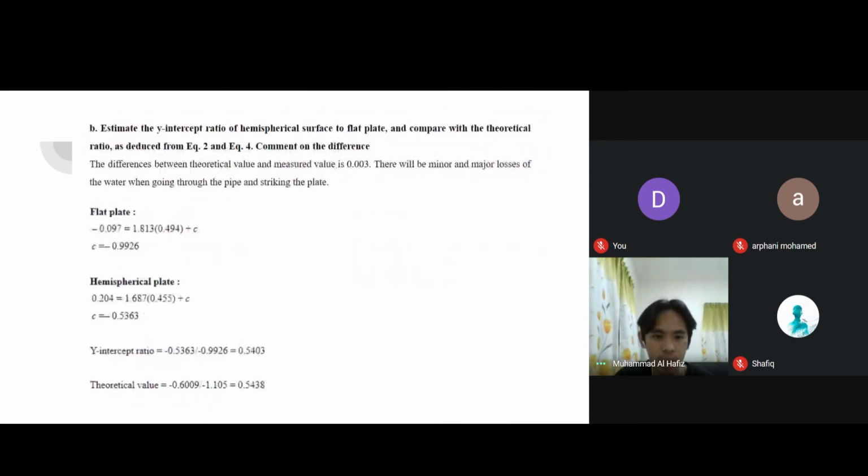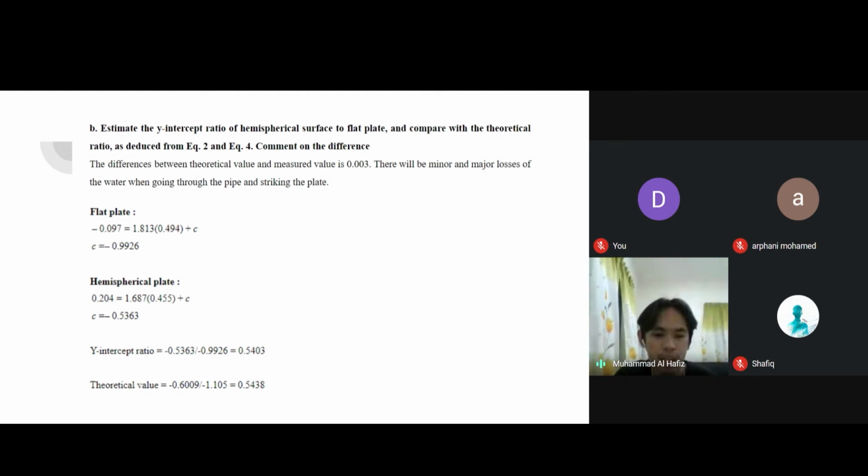Next one. Estimate the y-intercept ratio of the hemispherical surface to the flat plate and compare with the theoretical ratio as deduced from equation 2 and equation 4. So we use y equals mx plus c.